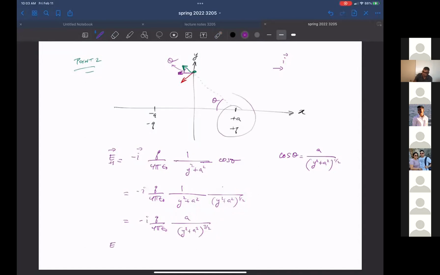So if I want to do the total electric field, this other one does the same thing, because this is the horizontal component of this guy, and this guy, just on this axis, are the same. So if I want to do the total, I just multiply this thing by 2.